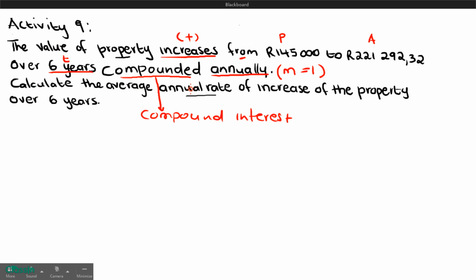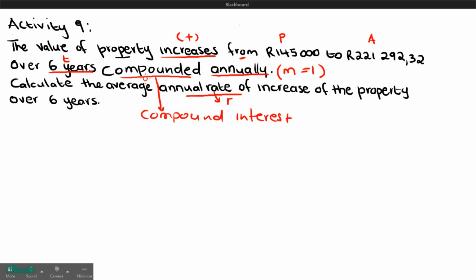They say calculate the annual rate. And I mentioned that when you come across the word rate, it signifies our R. So we are going to calculate the annual rate of increase of the property over 6 years.